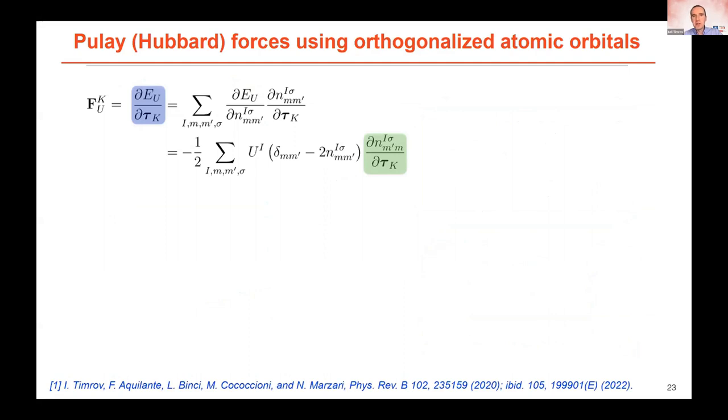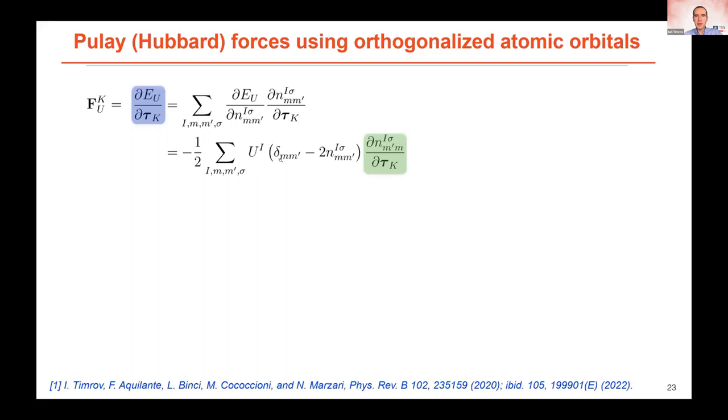So in the DFT plus U formulation, or DFT plus U plus V, when we compute forces, we have extra terms due to the plus U term and plus V term. This force is defined as the derivative of the Hubbard U correction with respect to the atomic displacement tau. We can represent this derivative as the derivative of E with respect to occupations and the derivative of occupation with respect to tau.